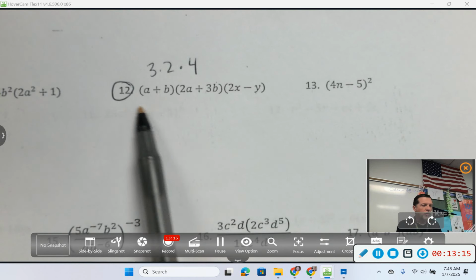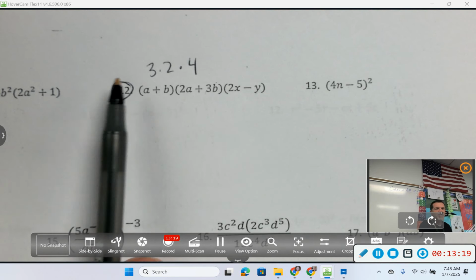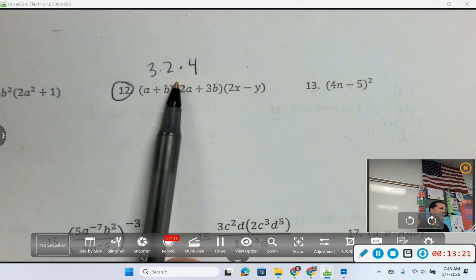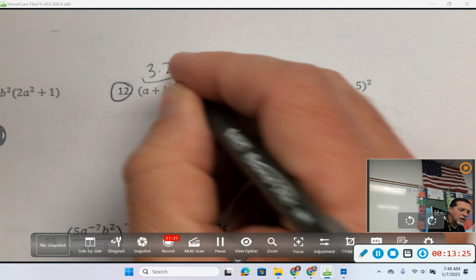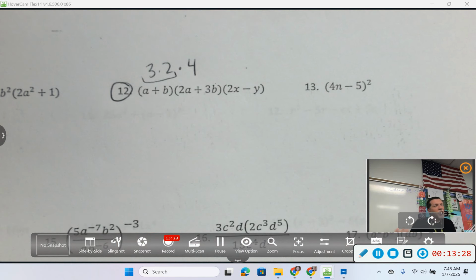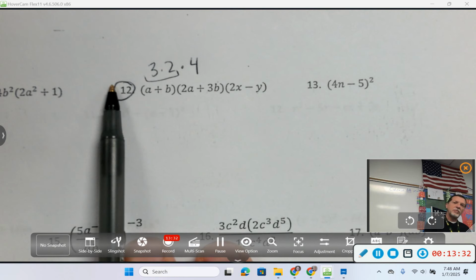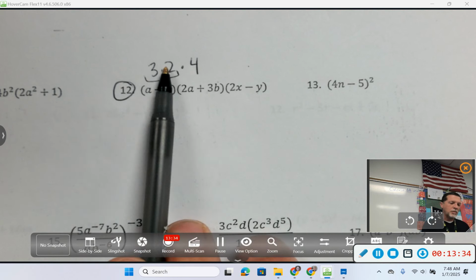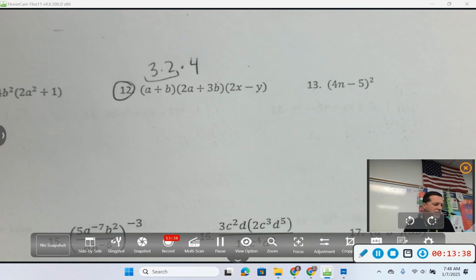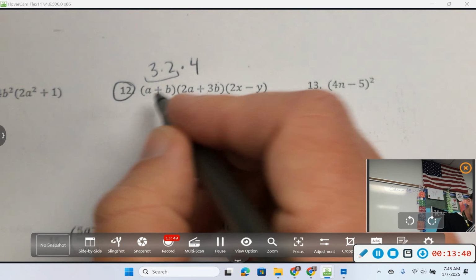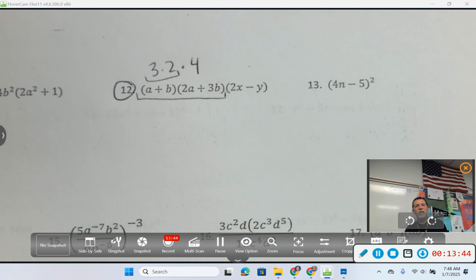It's the same thing with 3 more complicated terms. You can't do them all at once. You have to pick 2, do 2, and then do the third. It doesn't matter which 2 you pick, just like with the numbers. You could have done 2 times 4 and then times 3, or 3 times 4 and then times 2. You always get the same thing. So which 2 you do first doesn't matter, but I feel like doing the A's and B's first is probably the best bet.